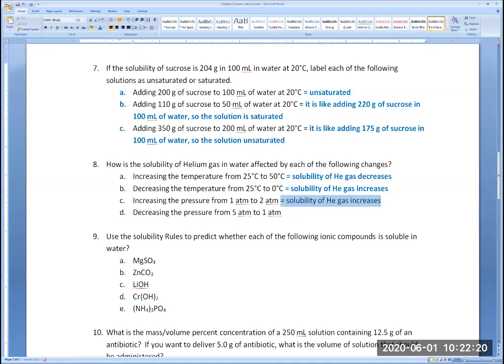And that's how they make carbonated beverages, for example. Carbonated beverages are made with carbon dioxide pushed into the water. They seal the cans or the bottles with high pressure of CO2 above the liquid, or maybe they bubble it inside, and then the can is sealed under a high pressure of CO2.